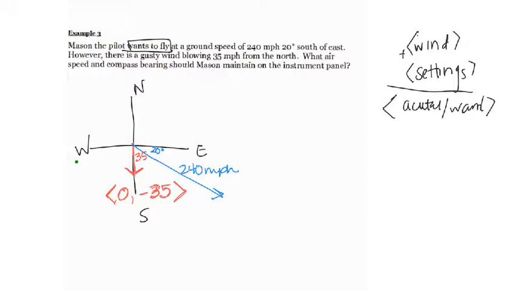So I'm going to calculate the vector coordinates, the x and the y for my blue one where he wants to go. So my x will be 240 cosine 20, and y is going to be 240 sine 20. And I'm going to have a positive x and a negative y value because I'm going forward and to the right.